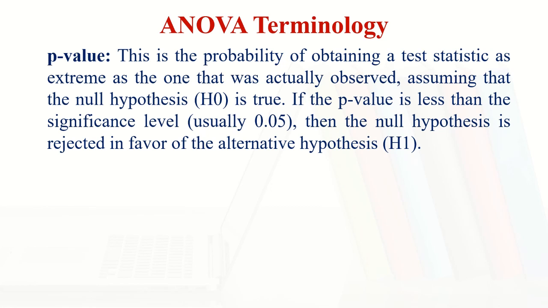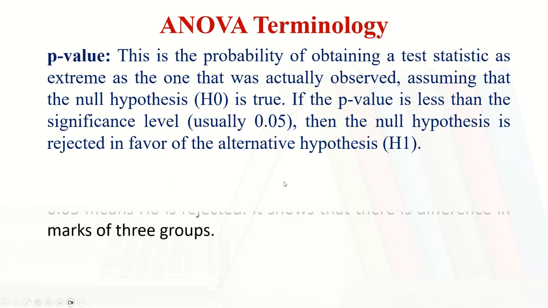If the p-value is less than the significance level, which is 0.05, the null hypothesis is rejected in favor of the alternative hypothesis.